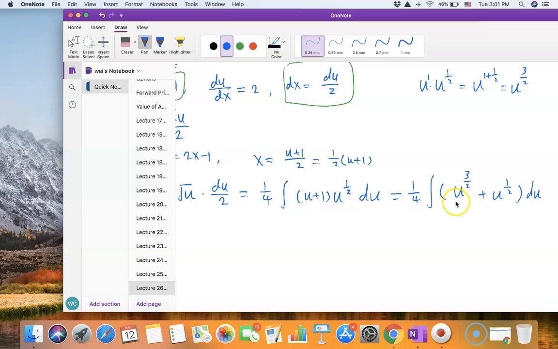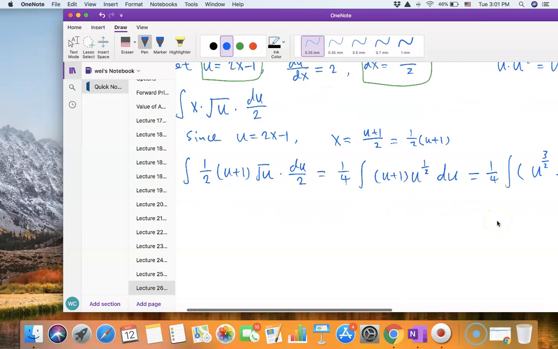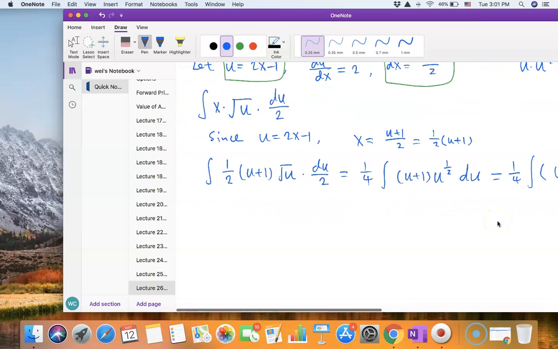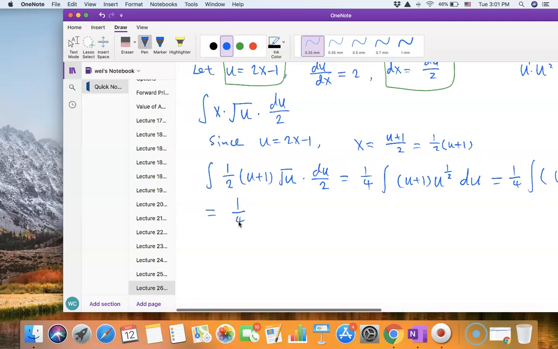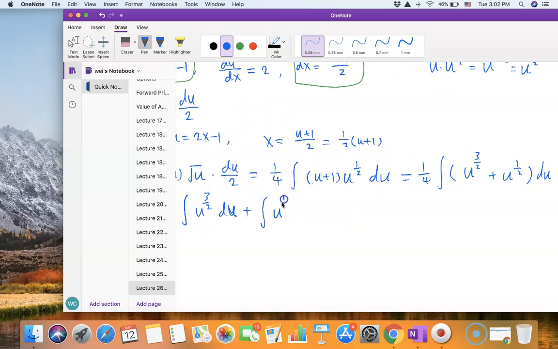Now, what we have is a sum of two exponential functions. And if I split them, I will get the integral of u to the power of 3/2 du plus a second integral of u to the power of 1/2 du.